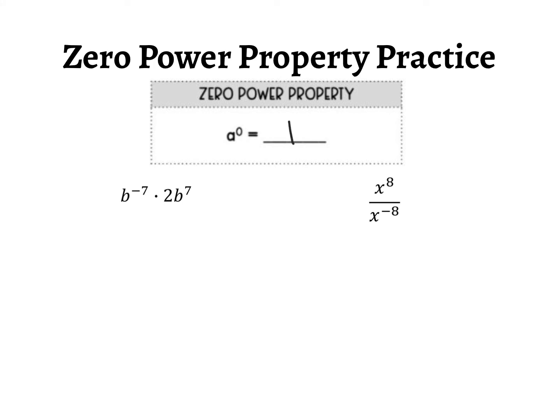And let's multiply things. Here we have a scenario where we're multiplying. Technically in the front, we have a 1 times b to the negative 7 and 2b to the 7th. The 1 and the 2 are like terms, so we really just have 1 times 2 in the front. And in the back, we have b to the negative 7 times b to the 7th. 1 times 2 is really just 2.